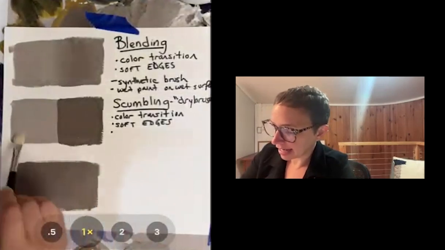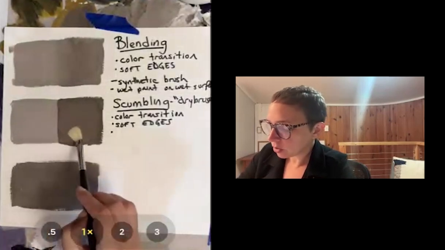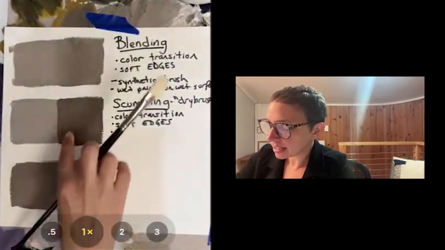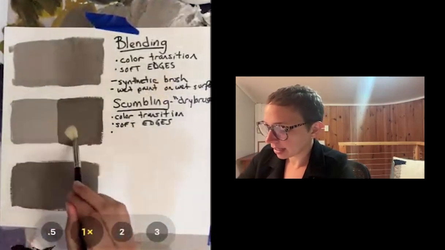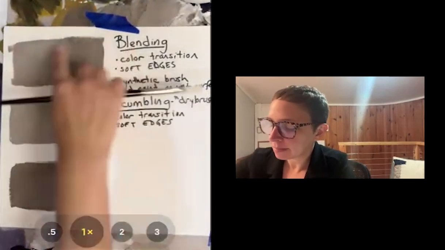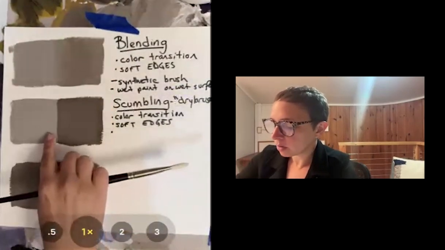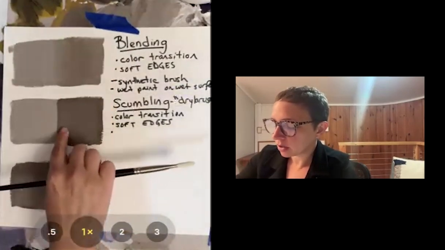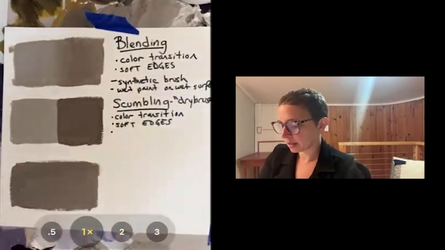Or you can take the light and drag over the dark. But you want to make sure it's really dry so that you see some of the underneath value poking through the layer that you're doing. So they're not going to physically blend like we did here. They're going to visually blend. From far away, the two values will look like they're mixing together to create an in-between value.